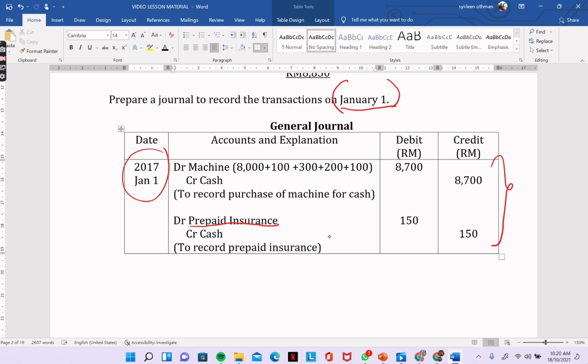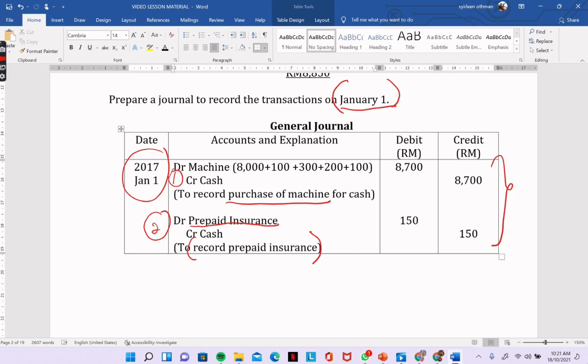Here we record the purchase of machine, and this is the first transaction. The second transaction is when we are paying the 150 ringgit for the fire insurance. That one wouldn't be included in the asset cost price, so that would be recorded separately as expenses.